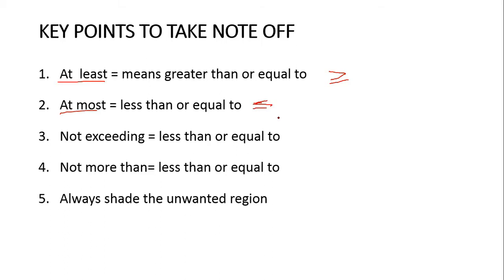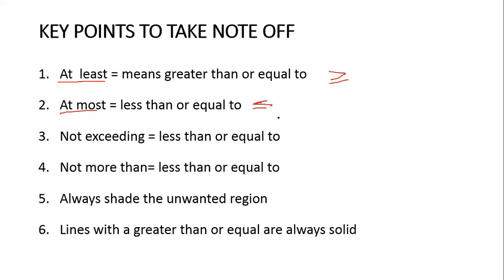Then you also have to remember to always shade the unwanted region, as you will see later on. Lines with a greater than or equal to symbol are always solid. So if you want to draw a line which has this symbol or that symbol, then that particular line is going to be straight, solid, not broken.